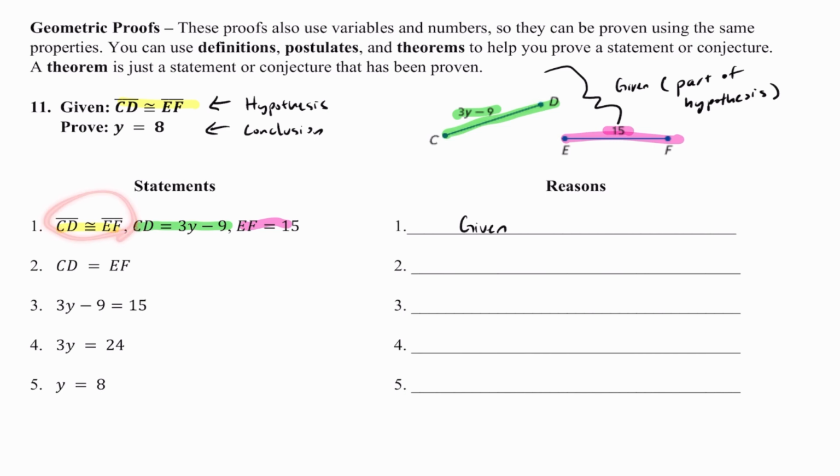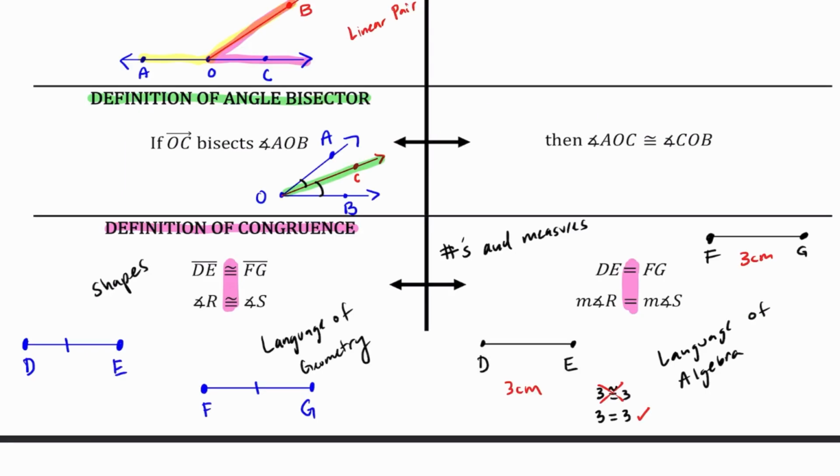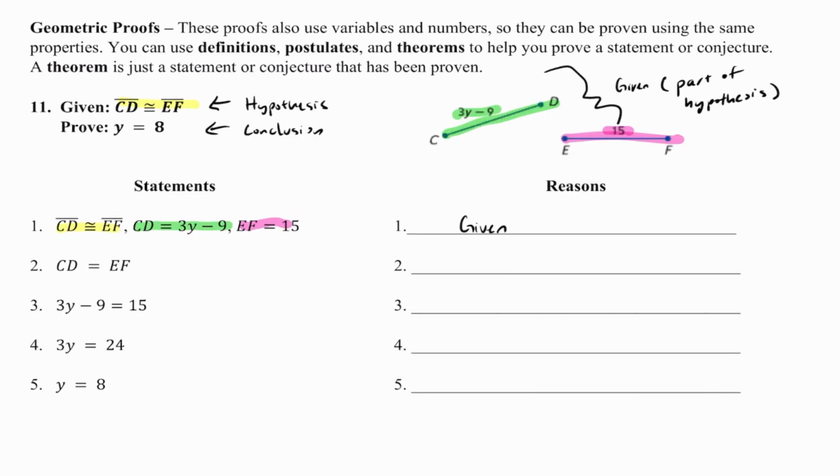So let's take a look at the first statement one more time. Segment CD is congruent to segment EF. What language is this currently in? Well, I see two shapes and a congruent symbol. Going back to my pink sheet, we can see that two shapes over here are congruent, and we use a congruent symbol. All of these things here are in the language of geometry. So that means this is in the language of geometry.